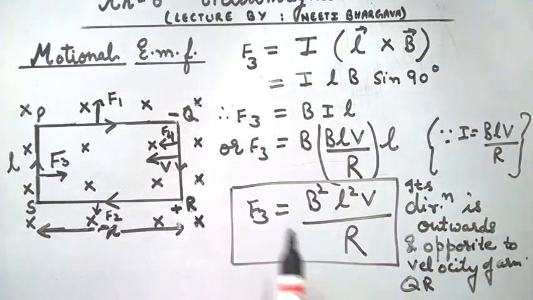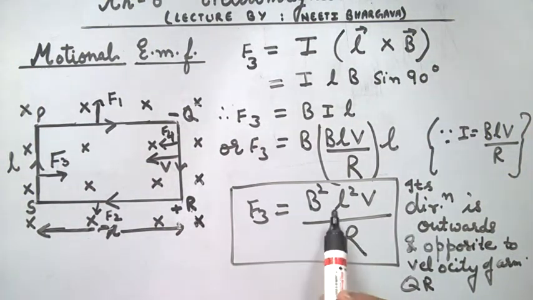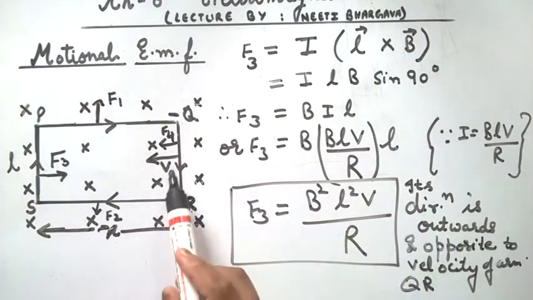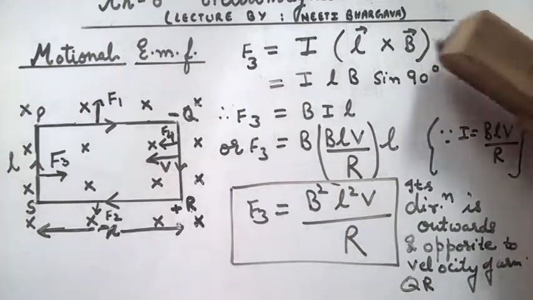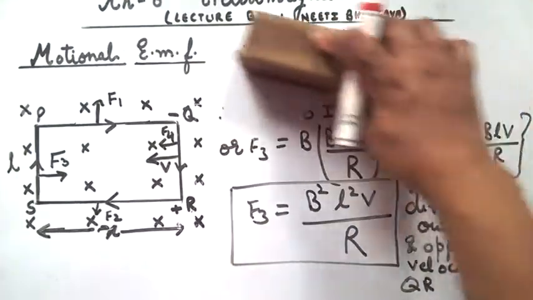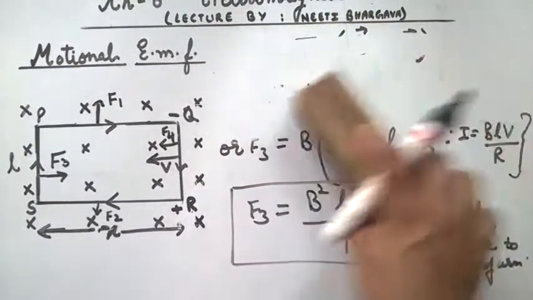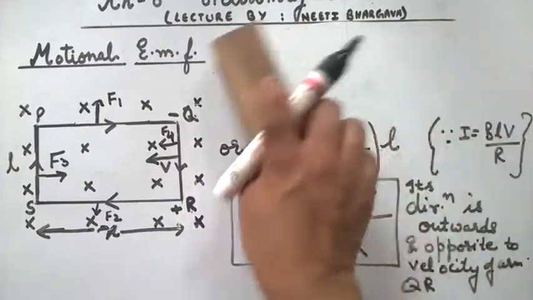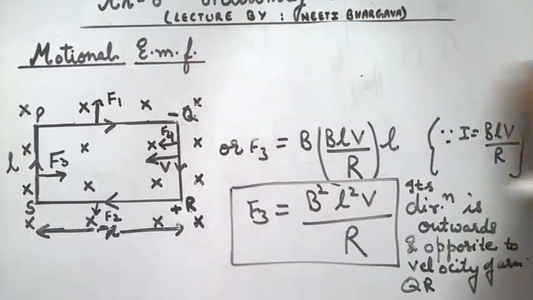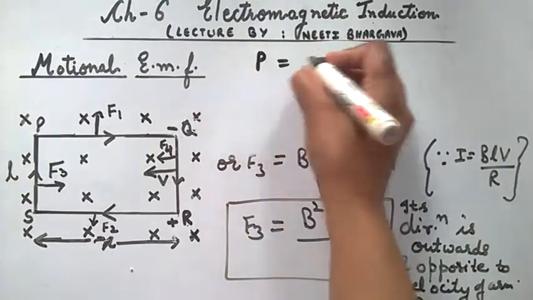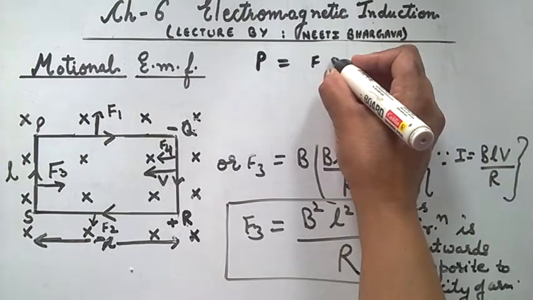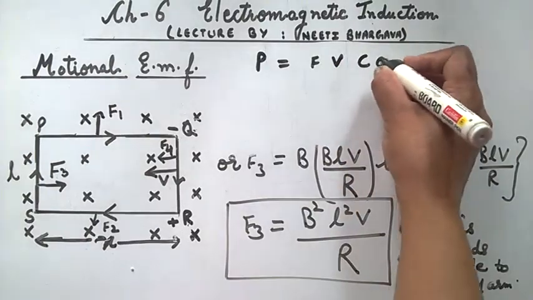Now, as the force is B square L square V by R, we have to do some mechanical work to move or displace this arm towards this side, and this mechanical work is stored in the form of electrical power, that is, in the form of electrical energy. It is given as power equivalent to F vector dot V vector, or FV cos theta.